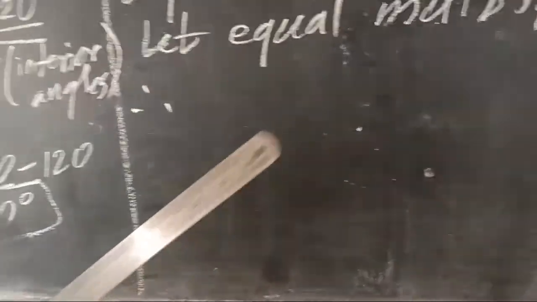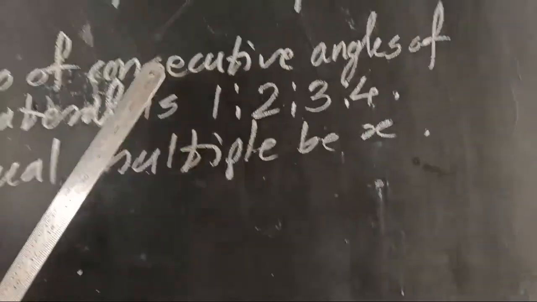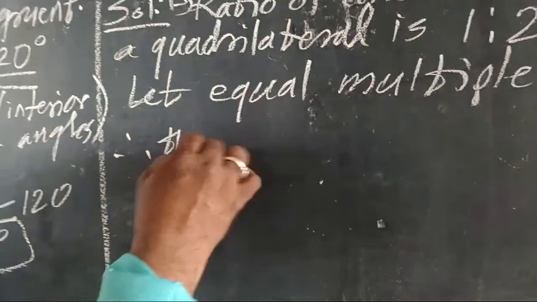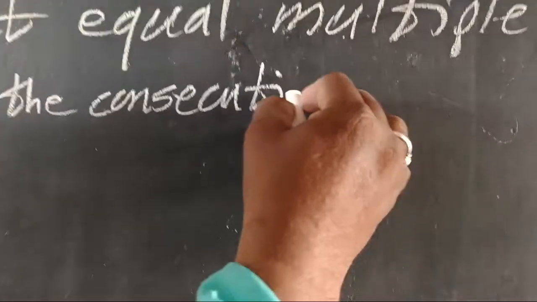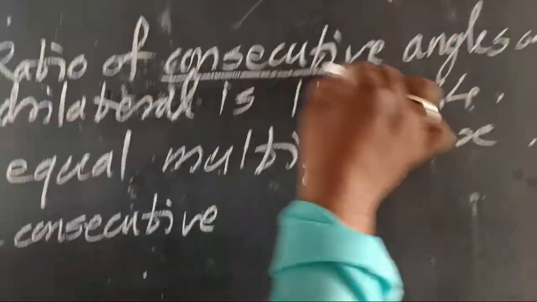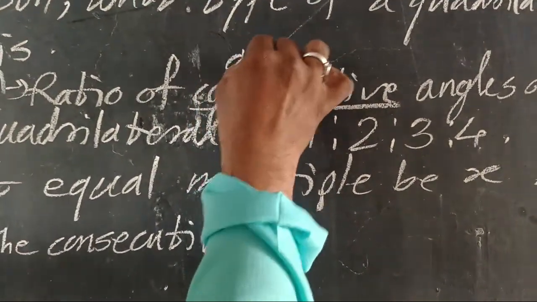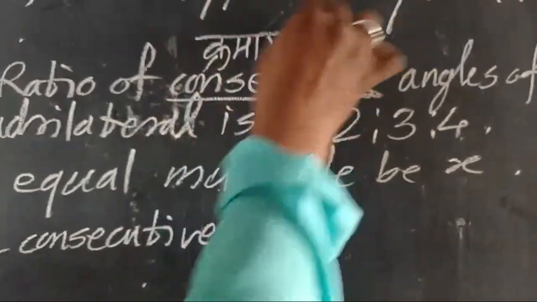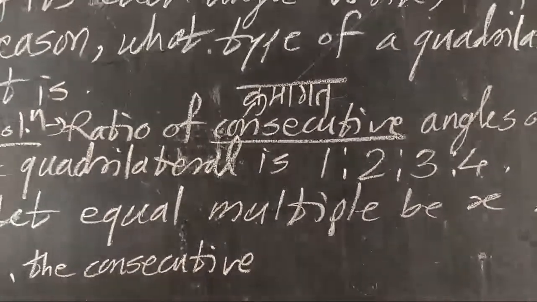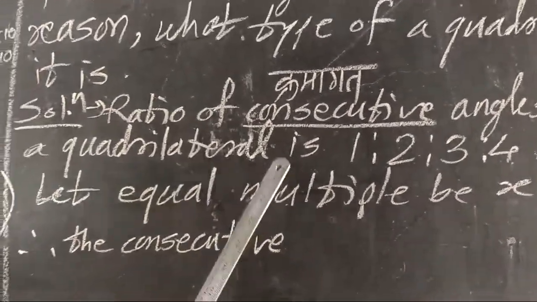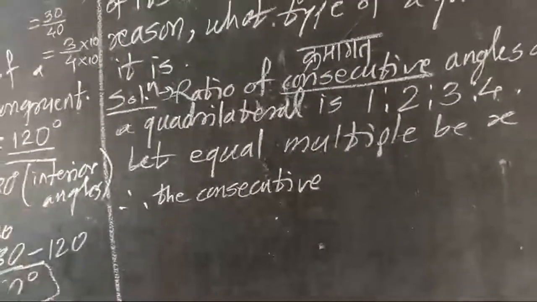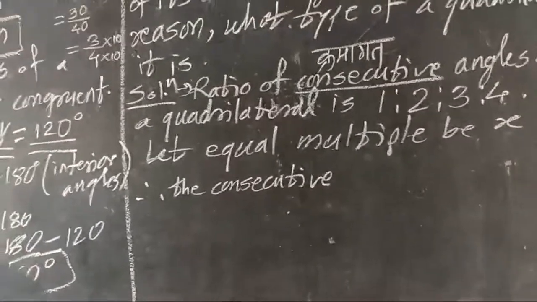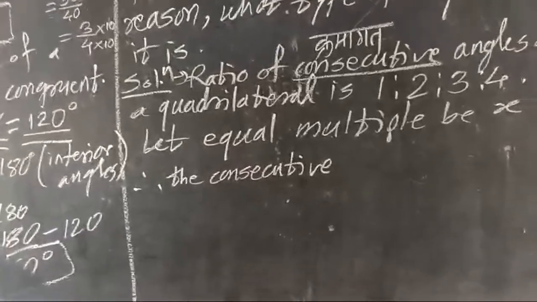Therefore, the consecutive, means in order (क्रमवार), means first number, after first number second number, after second third number, after third fourth number. This is consecutive.